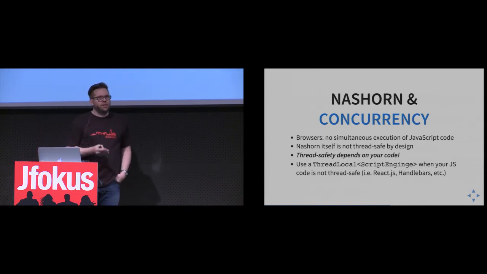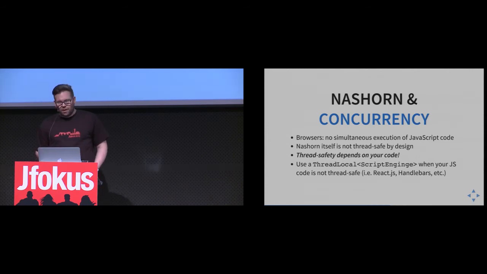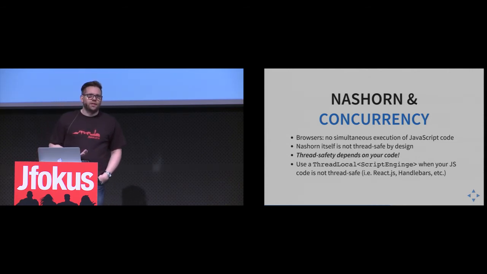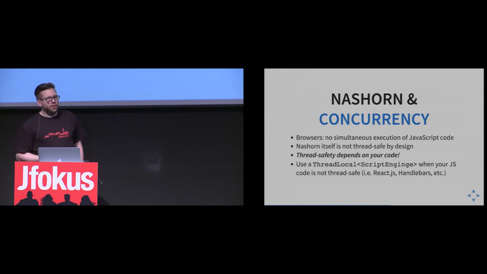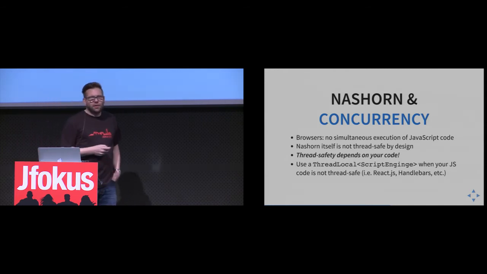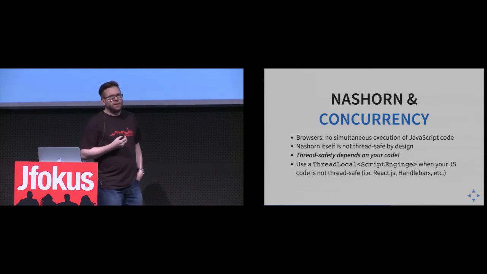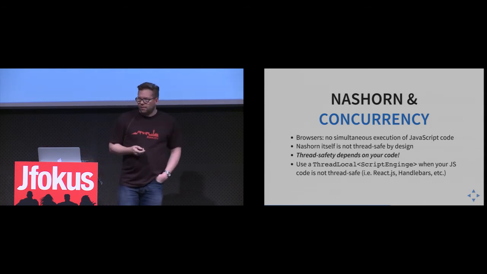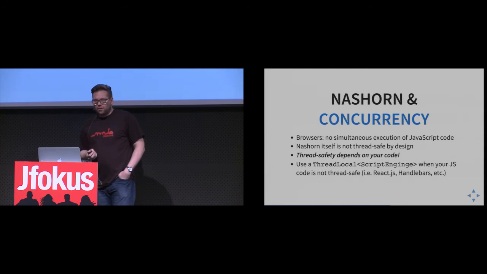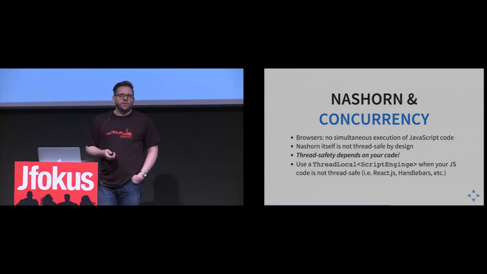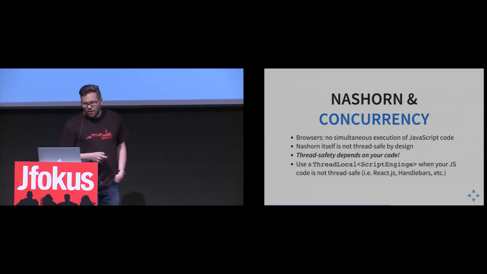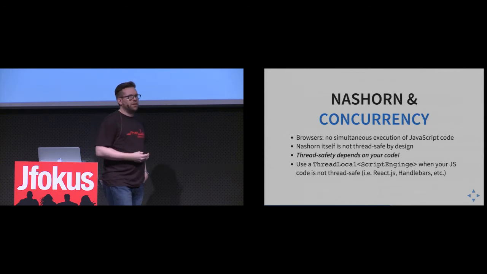And there are popular JavaScript libraries like React.js, like Handlebars, which are not thread safe for our usage. So every time you're executing JavaScript on the JVM, you should use a thread local of your script engine so that every execution is thread safe.